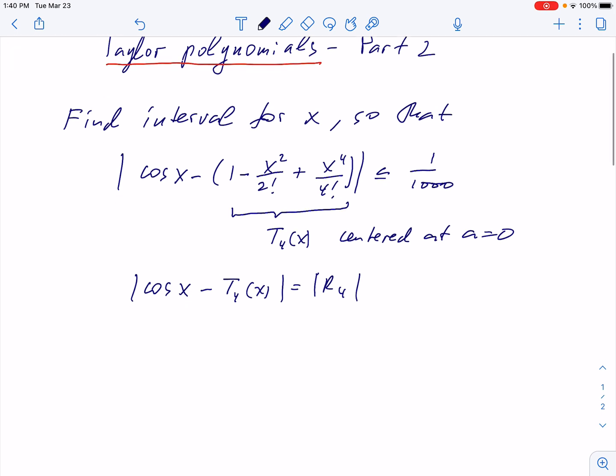And remember that the remainder in the Taylor formula, I shall write for any n, is the n plus first derivative at some point between x and a, where it's centered, in this case between 0 and x, over n plus 1 factorial times x minus a to the n plus first power.